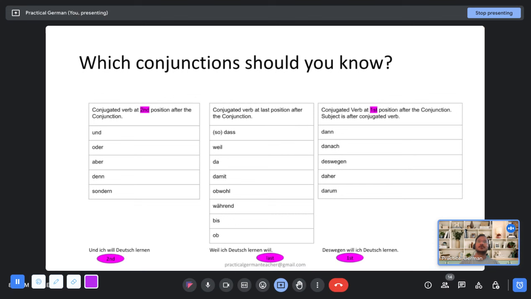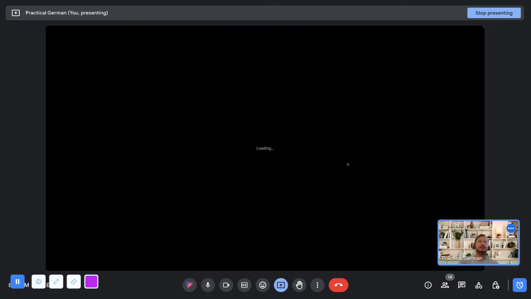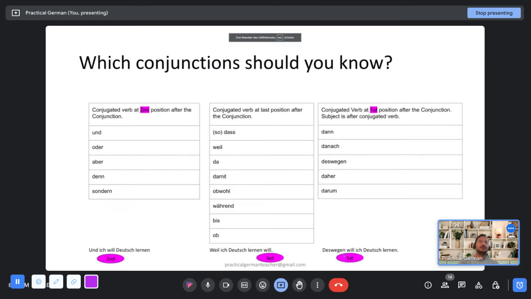With this one, the conjugated verb will be at the last position. And with this one, the conjugated verb will be at the first position after the conjunction. I think I have to reframe these titles, but you get the feeling, right? Any questions, please ask.